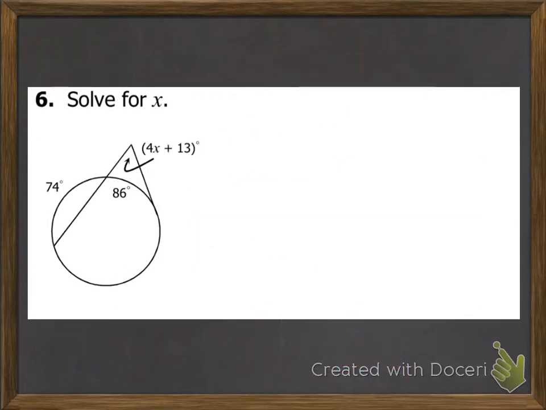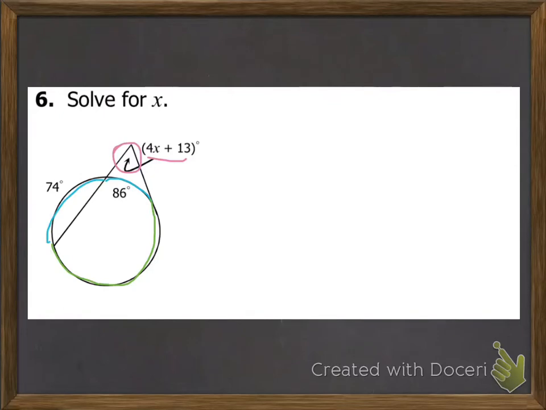Now we're going to look at number 6. So once again, they gave us an expression for the angle, and they gave us the little arc, but I don't have the measure of the bigger arc, which I'm going to go ahead and put in green. What they did was they gave us this arc over here, 74 degrees.